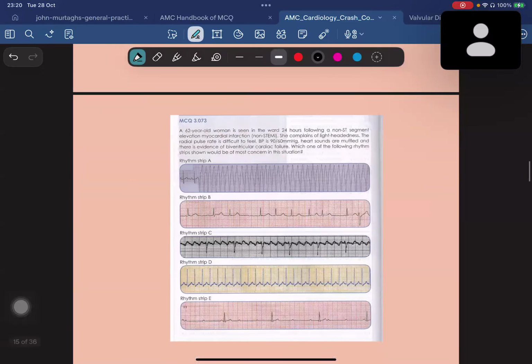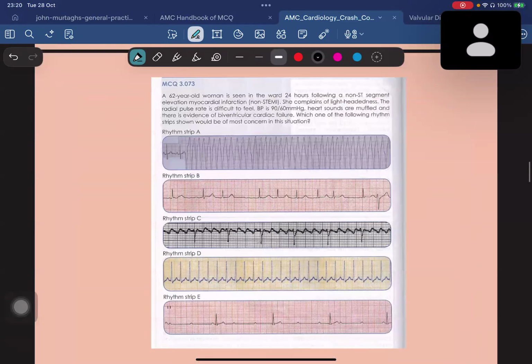Now this one is something I got from the handbook. About the handbook, I think I said this in the orientation program as well: it's from 2005 or so. It's very old, like 20 years old. But in the exam, these ECGs were pretty much similar to the handbook ones.